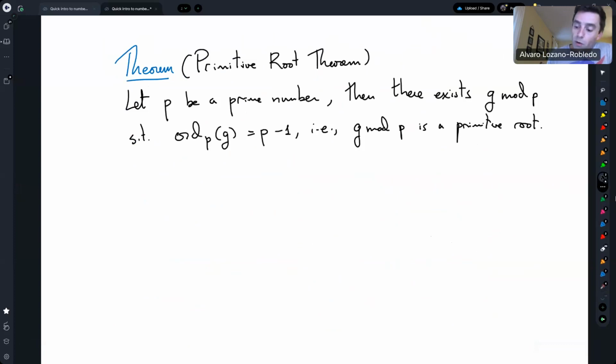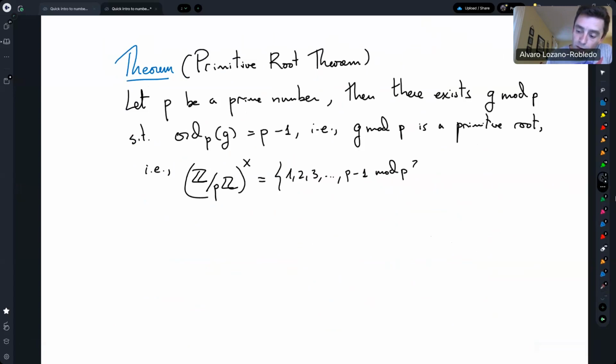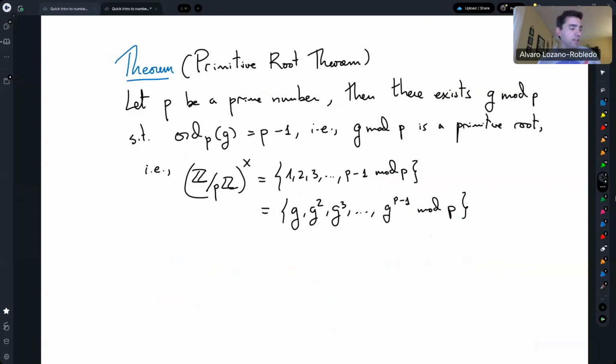Or in other words, which is the condition that we really like, the units modulo p, which we know are all of these numbers mod p, are actually given by the powers of g. g to the 1 up to g to the p minus 1 modulo p are precisely the units.